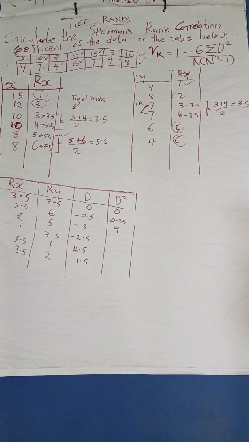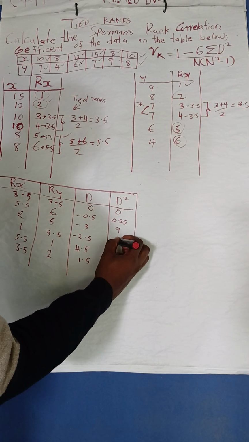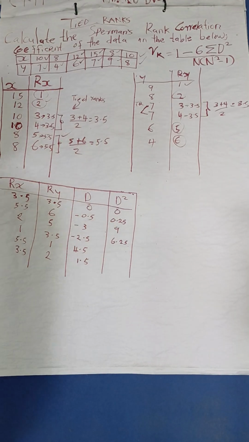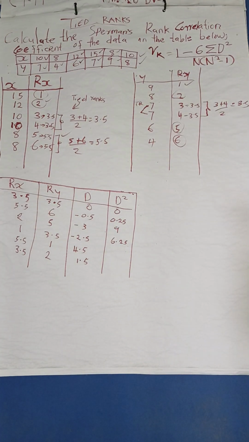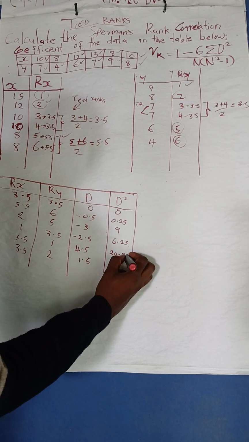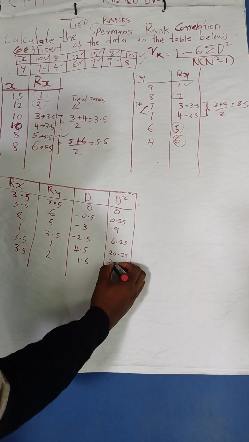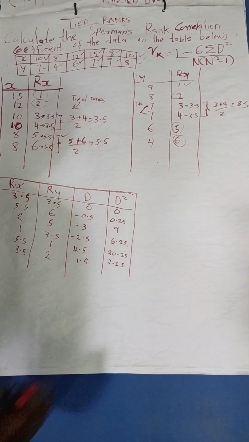Then negative 2.5 squared is what? 6.25. Then 4.5 squared will have 20.25. Then with the last one, 1.5 squared is what? We'll have 2.25. Good.